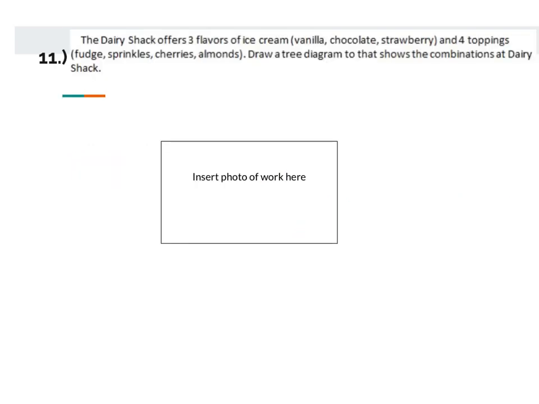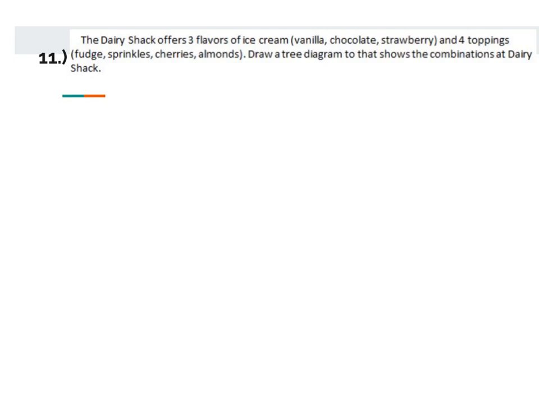All right, the Dairy Shack offers 3 flavors of ice cream: vanilla, chocolate, strawberry, and 4 toppings: fudge, sprinkles, cherry, almonds. Draw a tree diagram to show the combinations at Dairy Shack. Remember, for a tree diagram, we're going to start with the first 3 things. So we have 3 flavors: vanilla, chocolate, and strawberry.